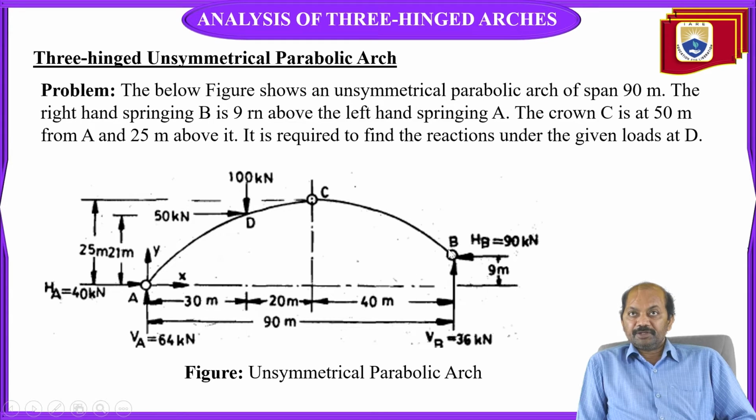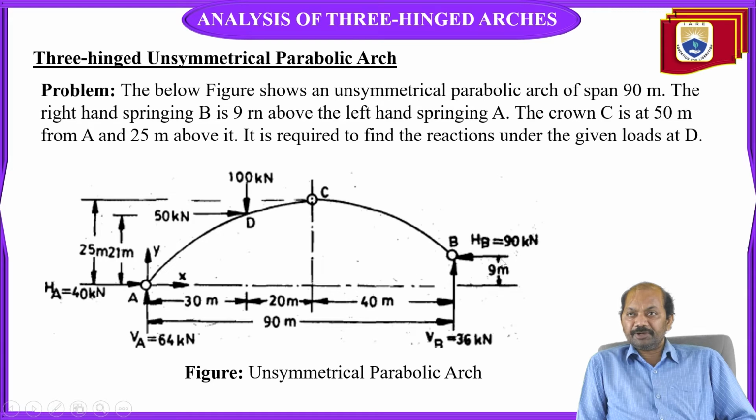This B is 9 meter above the left hand springing A. Left hand springing is here, right hand springing is here. This right hand springing is 9 meters above the left hand springing.